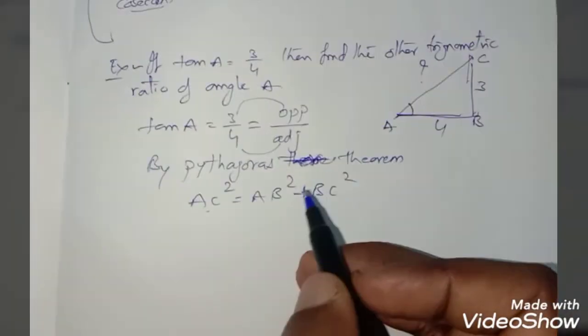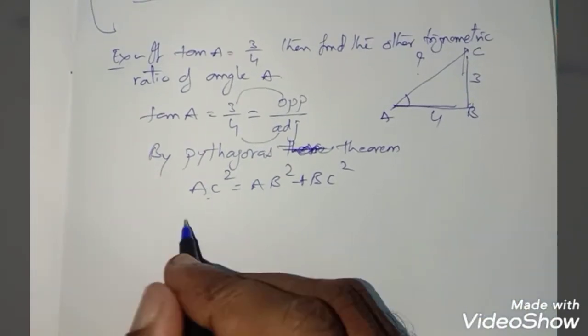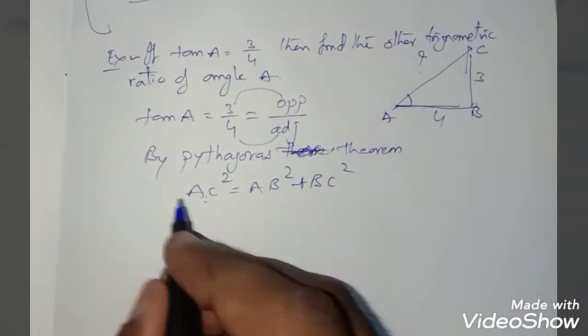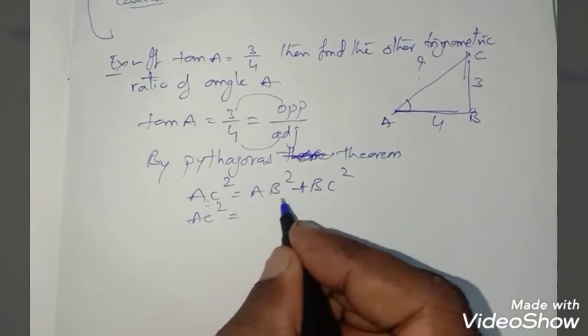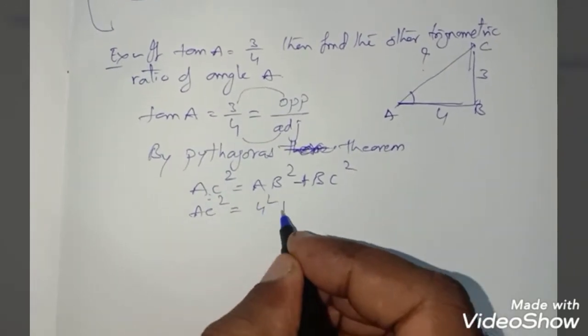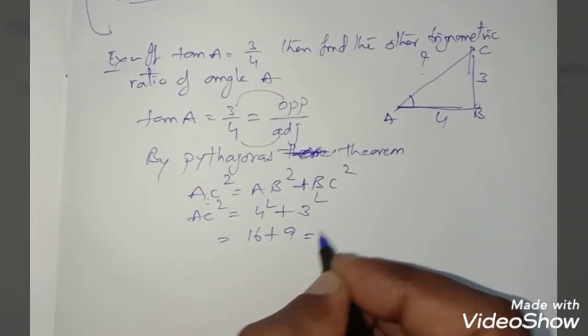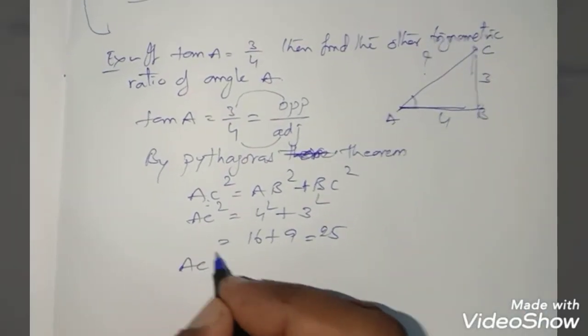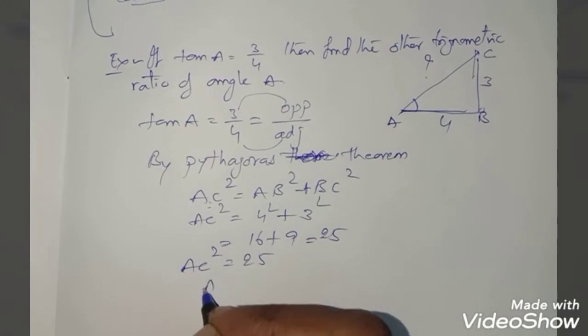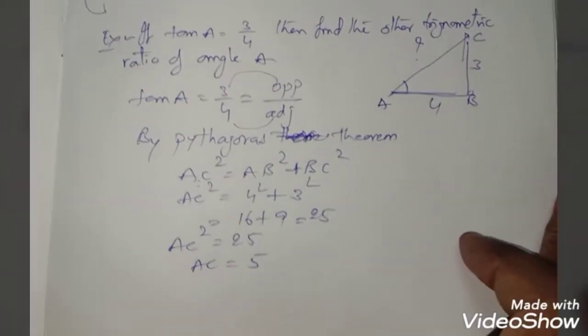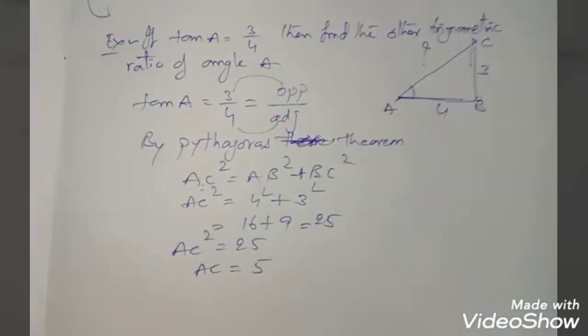So already we have learned about these formulas in your 9th class, right? Now AC is not given. So I can write AC square is equal to AB given as 4 square, BC is given as 3 square. Now 4 square is 16 plus 9 is nothing but 25. That is AC square is equal to 25. AC is equal to 5. So like this we got the value of hypotenuse.